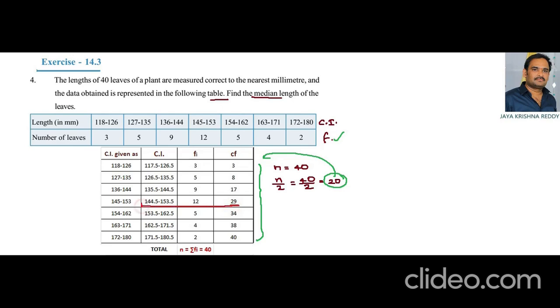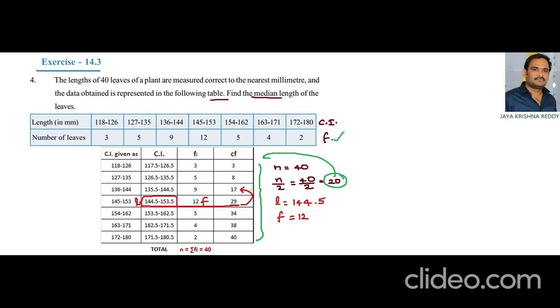In this class, from 144.5 to 153.5, this L value is the lower limit. So L equals 144.5, and frequency value F is nothing but 12, and here we have to take the CF value preceding the median class.